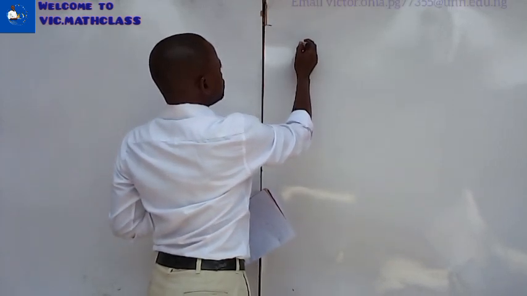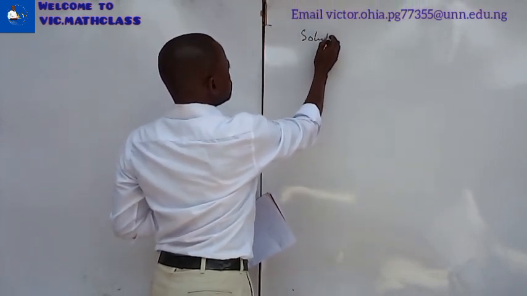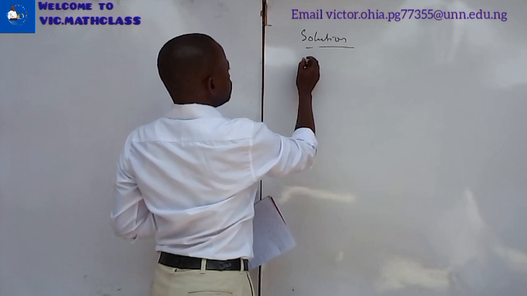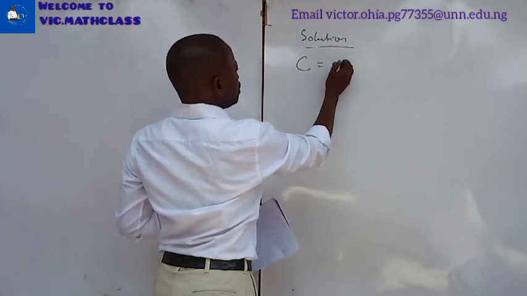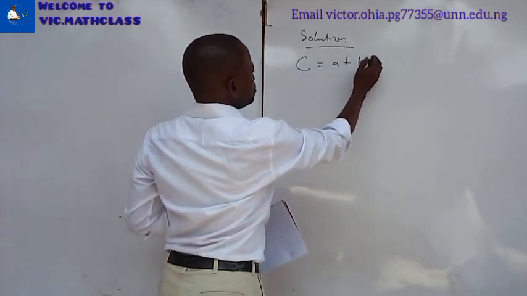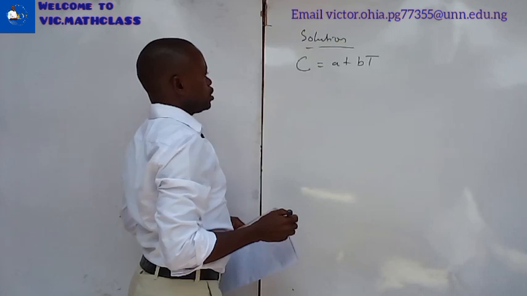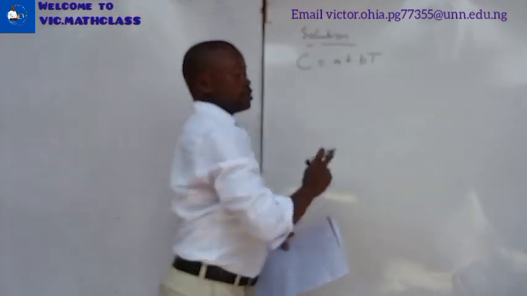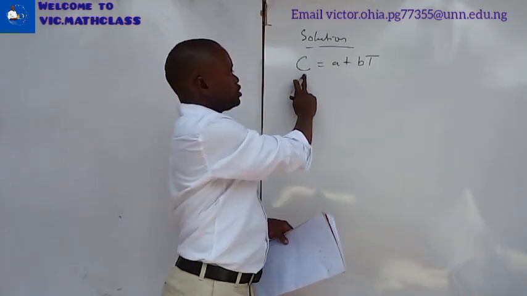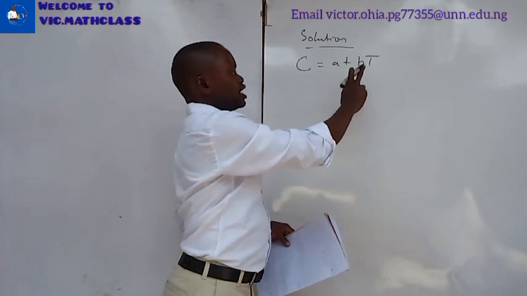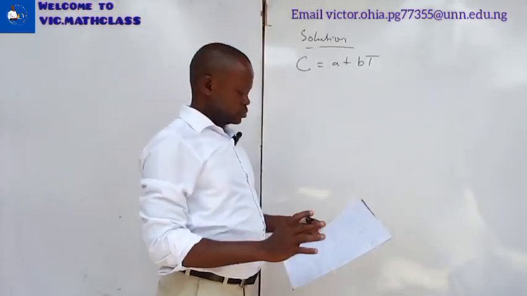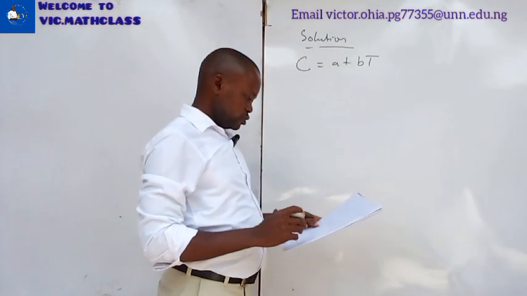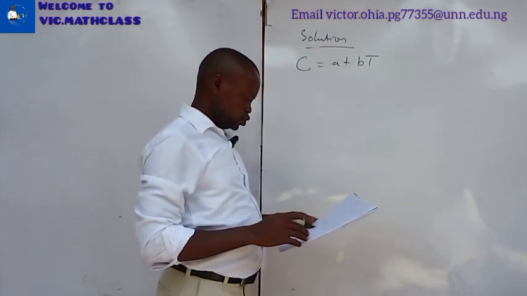So let me start like this. I will say my C is equal to A plus BT. A and B are the constants, C is the cost of the car service, and T is the time it takes to do it. They give some figures here which we are going to bring into play.